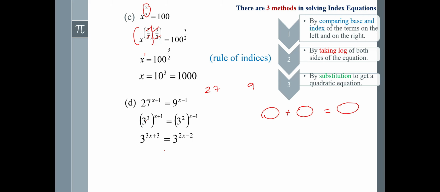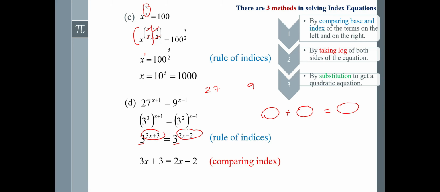Then just expand the powers, and since we have the same base on both the left and right side without any other expressions, we just compare the powers or the indices. Next, just solve this as always.